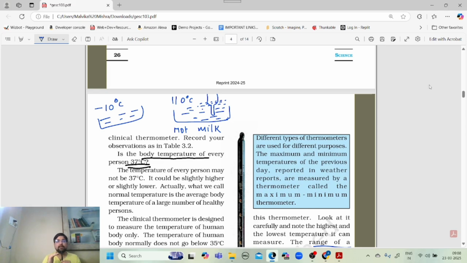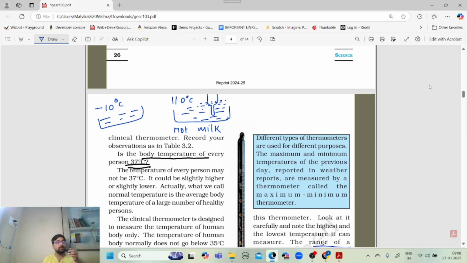And once it stabilizes, then you can measure it, keeping your thermometer dipped inside, submerged in the object. But suppose you take it out and now want to measure it just like you measure the temperature using your clinical thermometer.